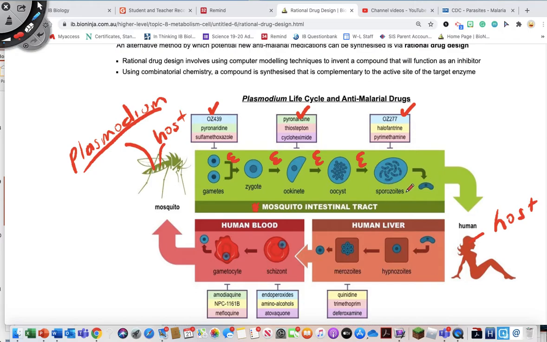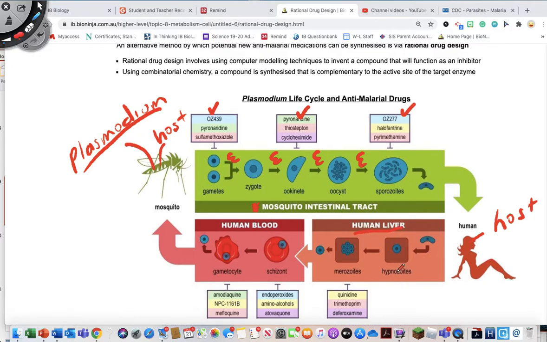So once the sporozoites are mature, these sporozoites can be transmitted to a human. That means if the mosquito bites you, then the sporozoite travels through your blood and it ends up in the human liver.